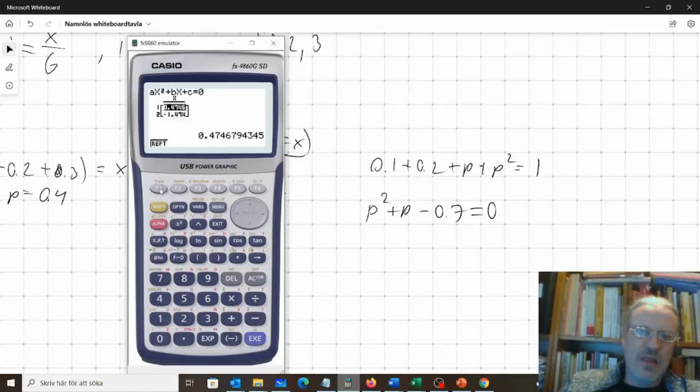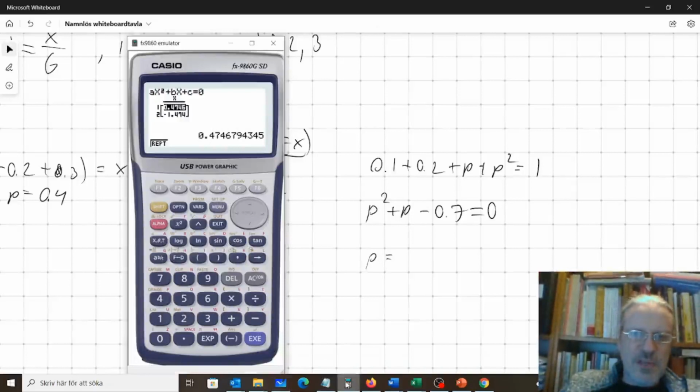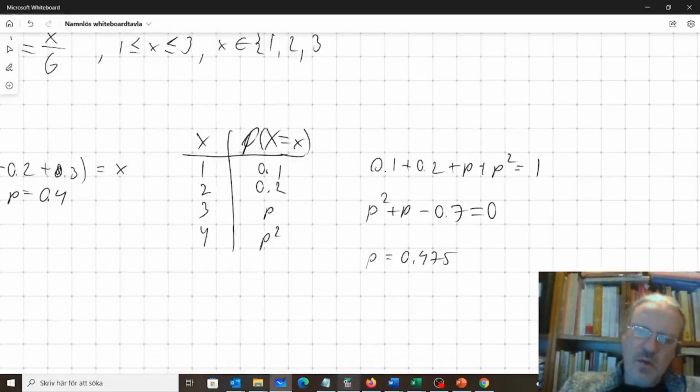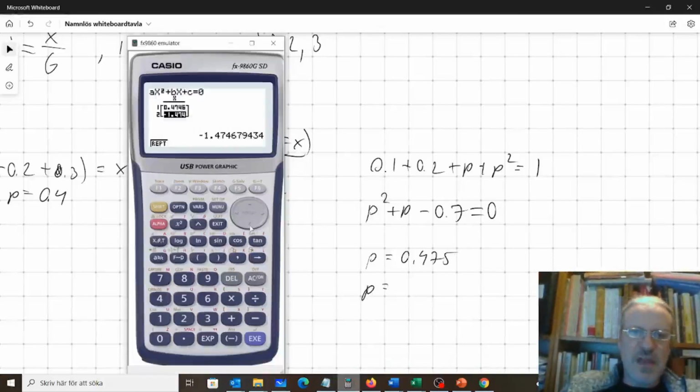Solve, and we get 2 solutions. So either p equals, what was it now again, 0.475, or p equals this value here, minus 1.47.